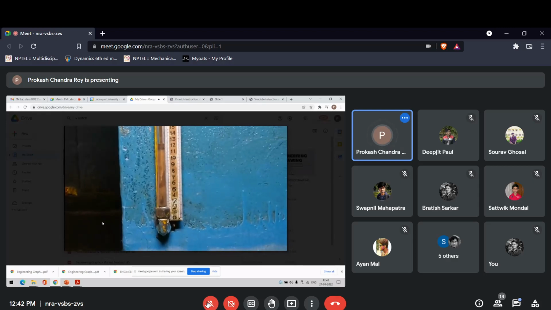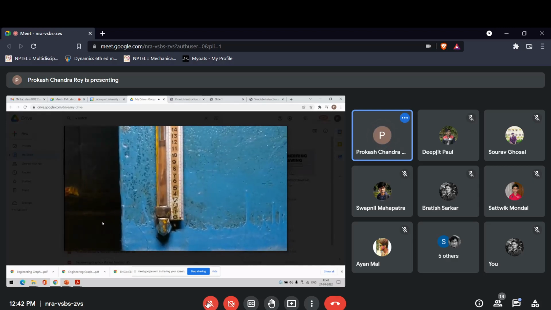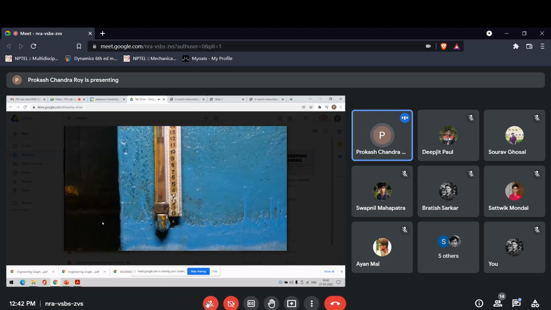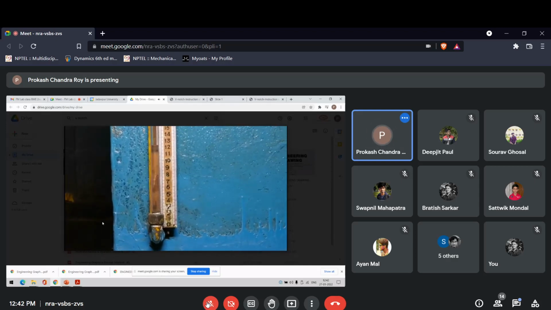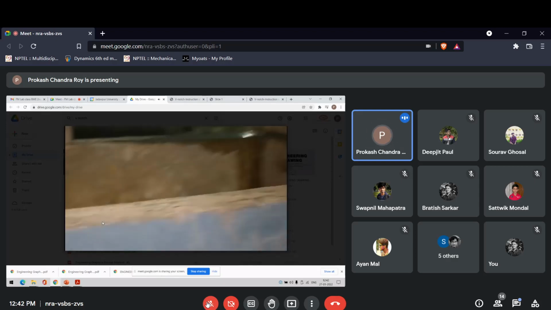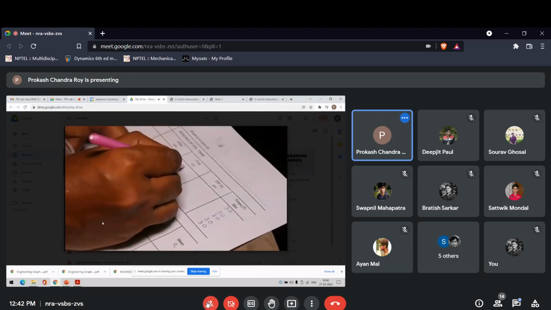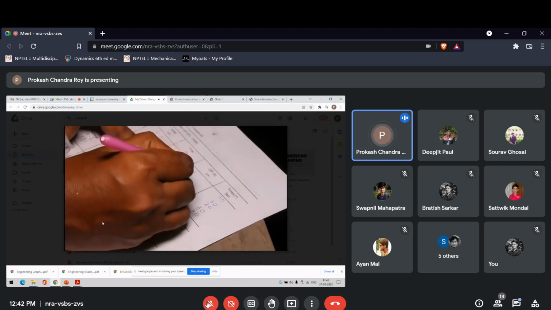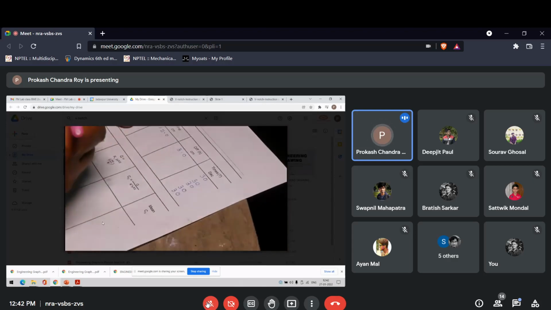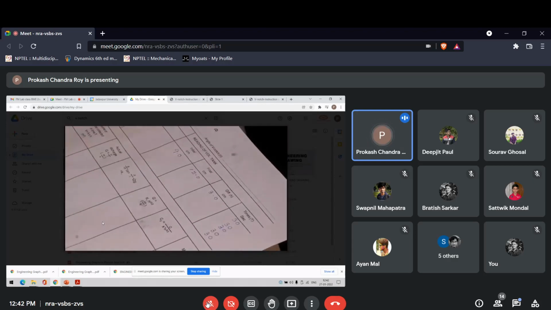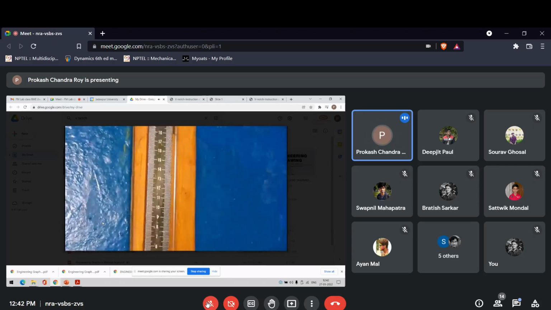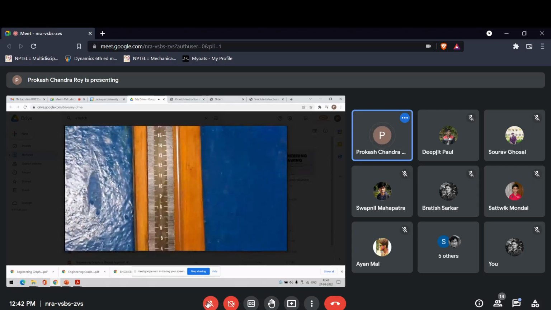Now the final height will be say 12 centimeter. The initial was around 9. Okay, so the difference is 3 centimeter. Multiply with the area and you will get the corrected volume.